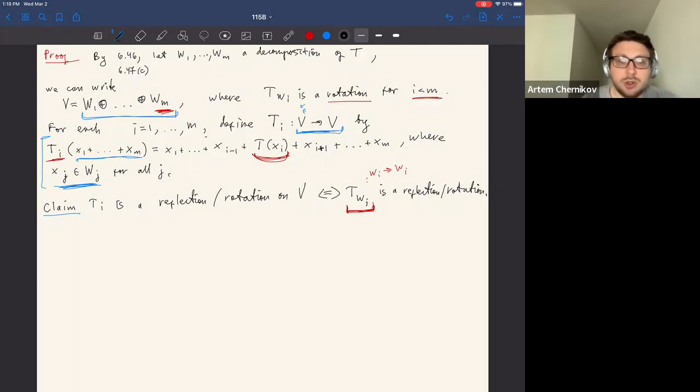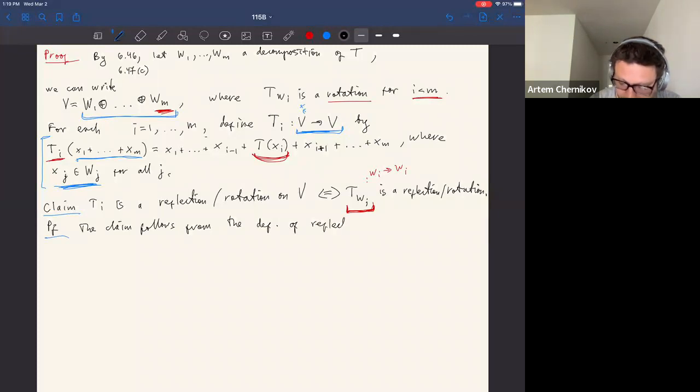Okay, so this claim follows from the definition of rotation and reflection, right? So, proof: the claim follows from the definition of reflection or rotation on V, with the subspace in the definition given by Wi.